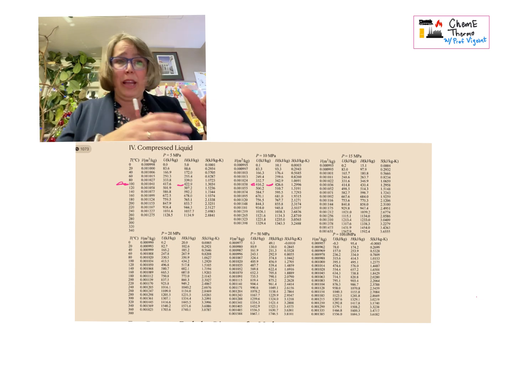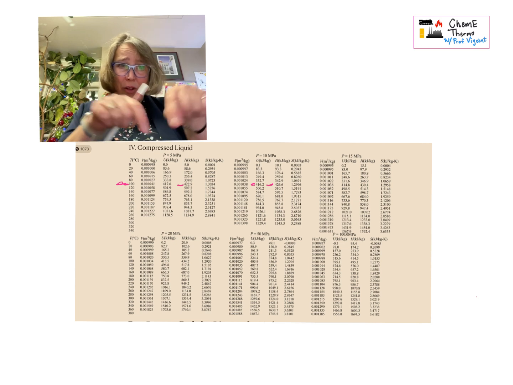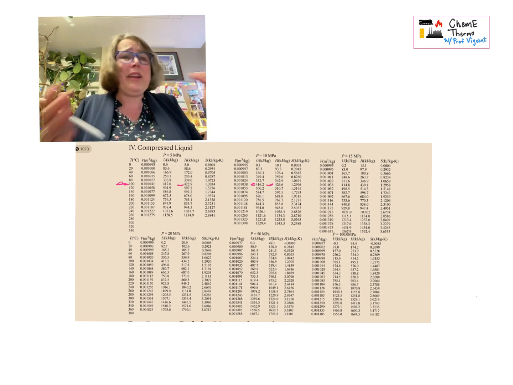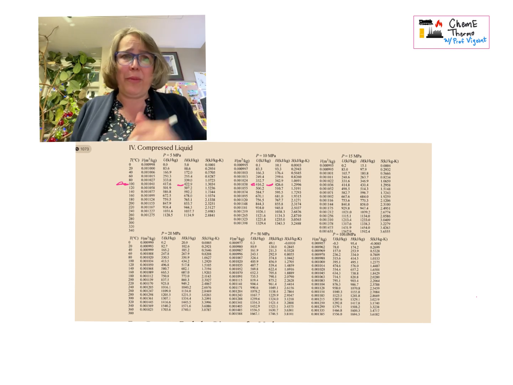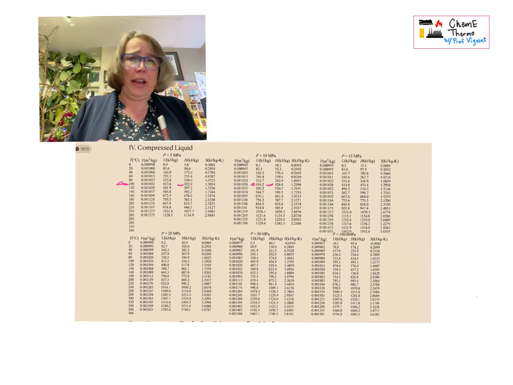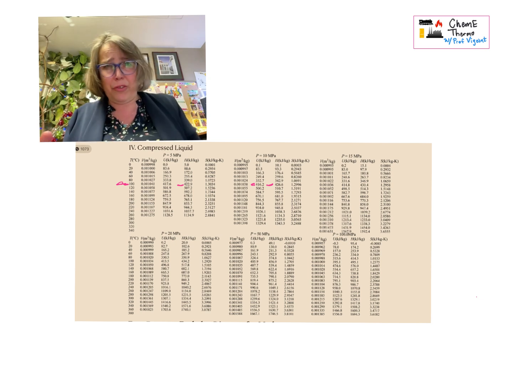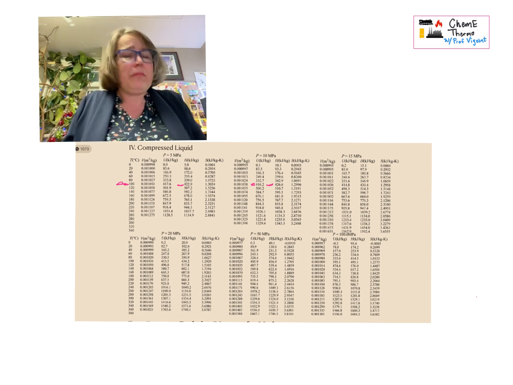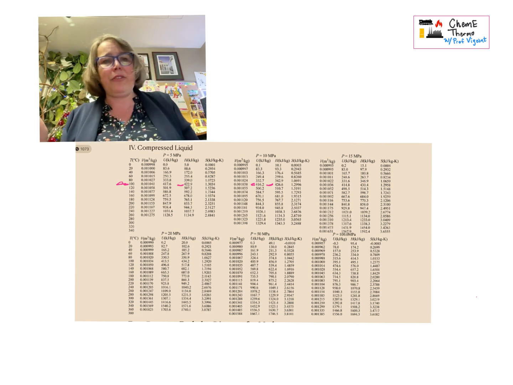And then if you are at a particularly elevated pressure, you can do crazy interpolation to get into the middle of all of this stuff down here. Or, you know what? Heck, you pick the one that's close and you make an estimate. When you get to the point, that is for what we call a first pass design. That's fine for what we will be doing with compressed liquid in this class.